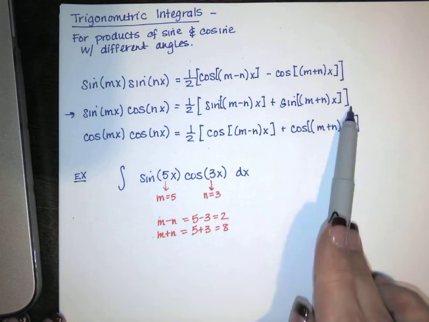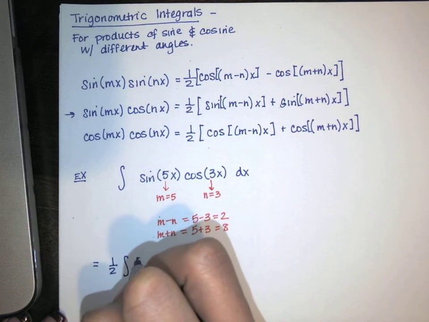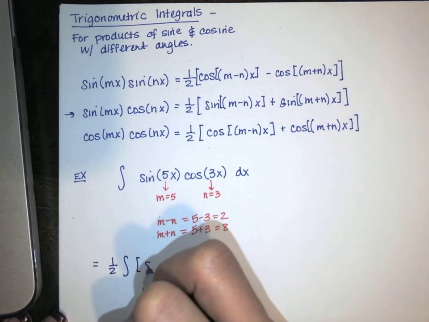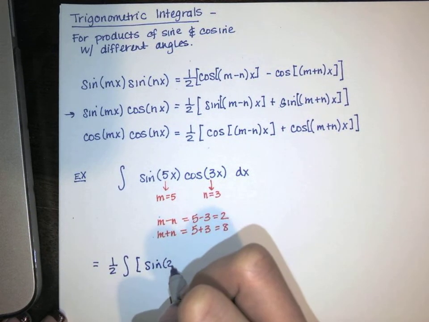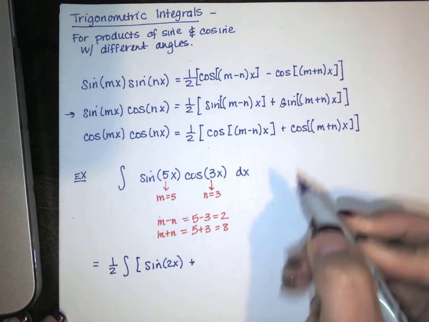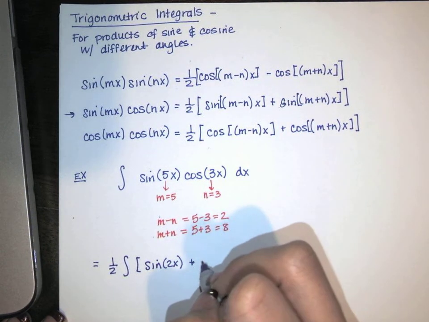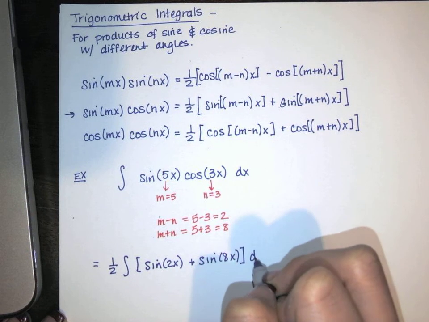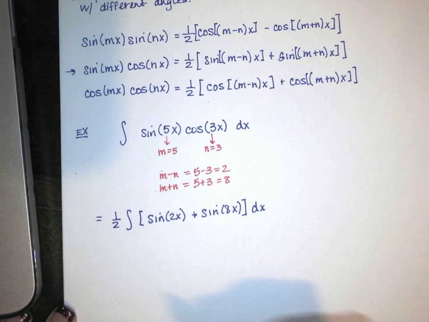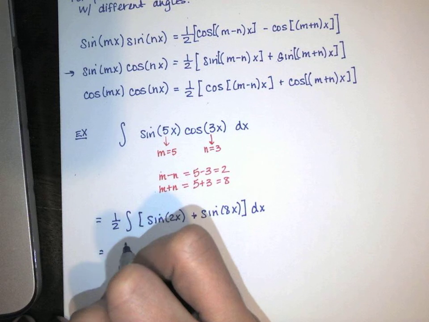So according to this identity, I get 1/2, and then I have a sum of two sine functions. It's sine of m minus n times x, so sine of 2x, plus sine of m plus n times x, so sine of 8x. Super simple. And now you just have your kx modifications of your basic rules.